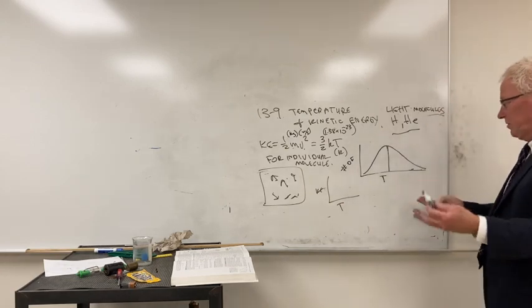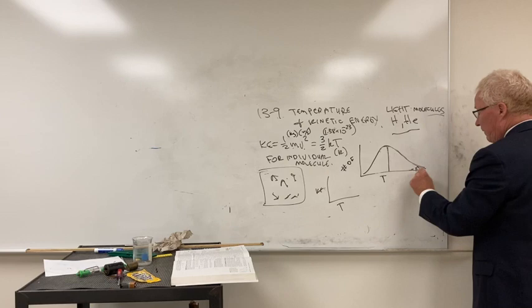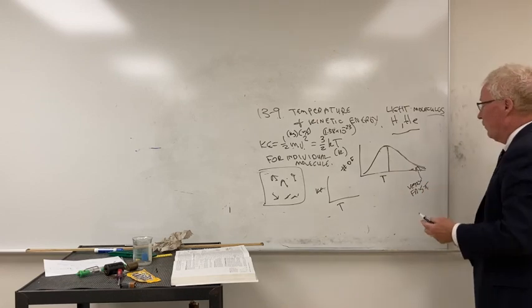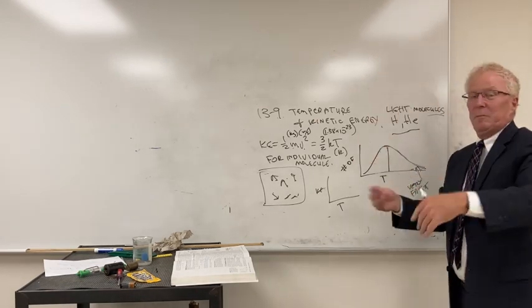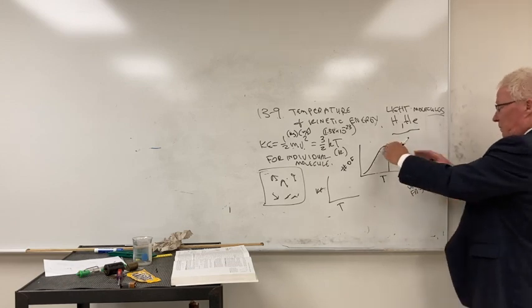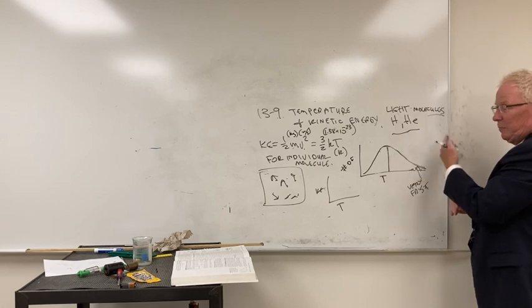And because there's a distribution, some of these will be moving very fast. Some of them are moving so fast, they escape from the Earth's atmosphere. Given enough time, you always get some leaking out. This pile is going to get smaller and smaller because the fast ones always keep escaping.